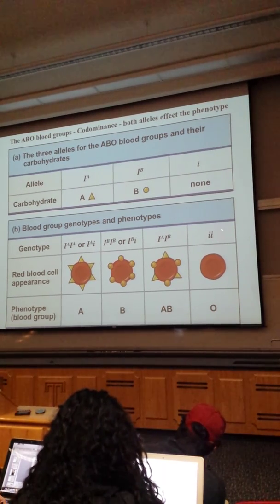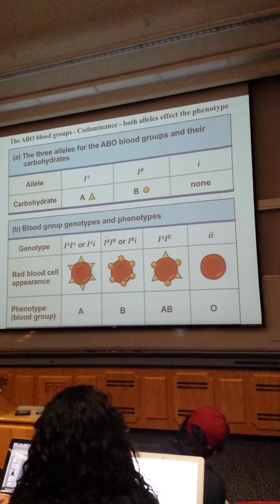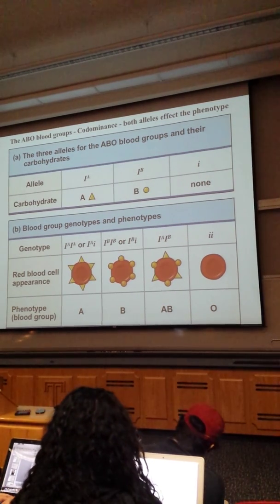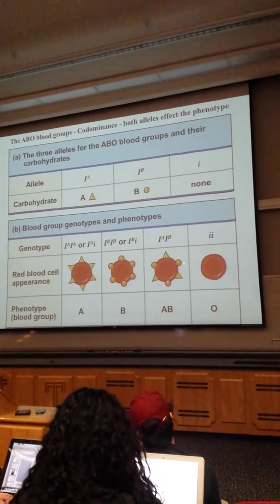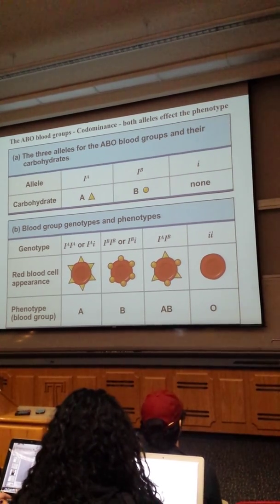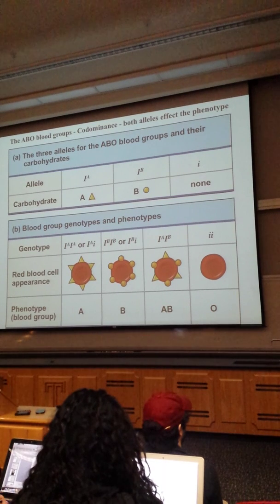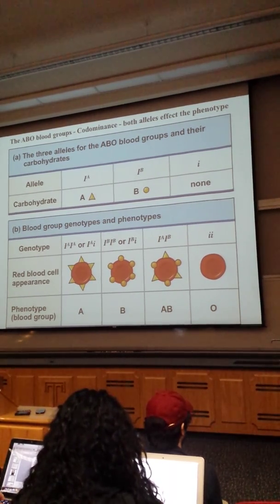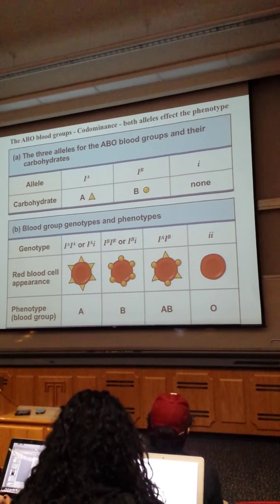And again, somebody who is type O doesn't have the functional glycosyltransferase, so you will not find any of these carbohydrate chains on the surface of the red blood cell. Okay? So do you understand now the concept of the ABO blood groups? Okay. All right.